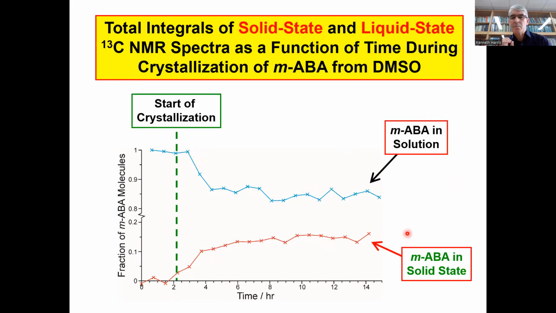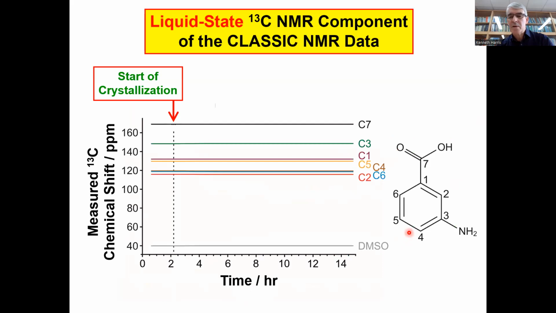Okay, but we can actually get much more information about changes in the liquid phase by looking at how the chemical shifts for all the carbon environments in the molecule and in the solvent change as a function of time during crystallization. So we're going to zoom in on each of these carbon chemical shifts.